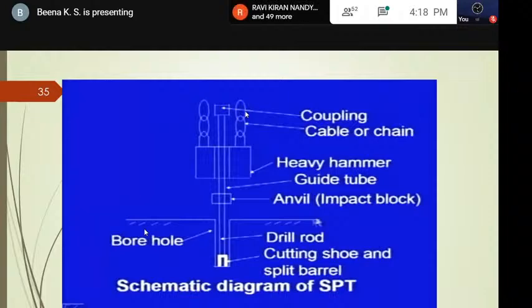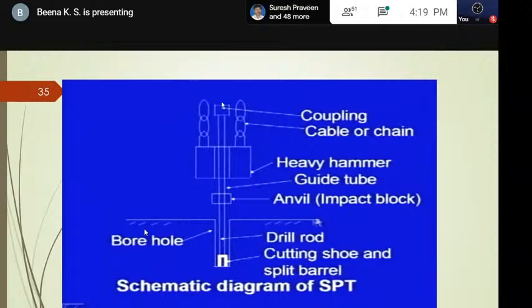setup. The test consists in causing the sampling spoon to penetrate the soil by dropping a hammer having a weight of around 650 newton, or 65 kilogram, from a height of 75 centimeter.